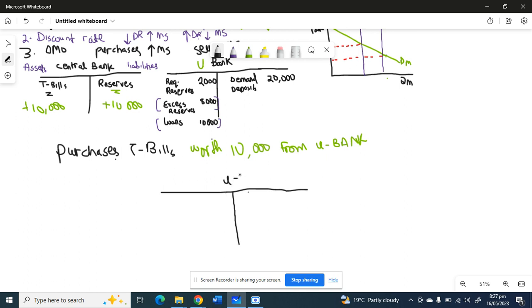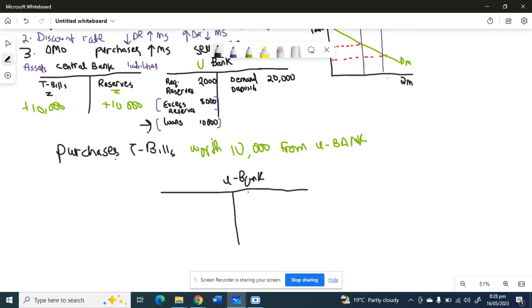Let's see what happens first to the required reserves. Also, with this 10,000 which has come, the bank can put part of the money in excess reserves, and can also put part of the money in loans. If it wants, it can put all that money in the excess reserves, or all that money in the loans. So with this illustration, since this bank has got money from the central bank, the other part of the money we're going to put in the loan section so that the bank can offer out more loans.